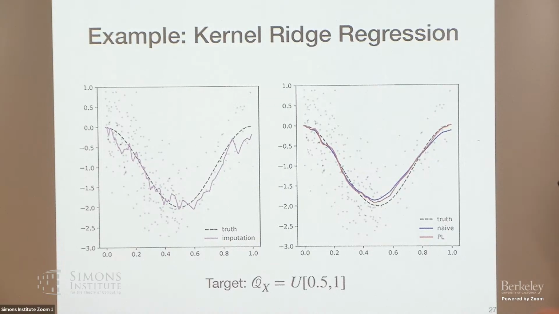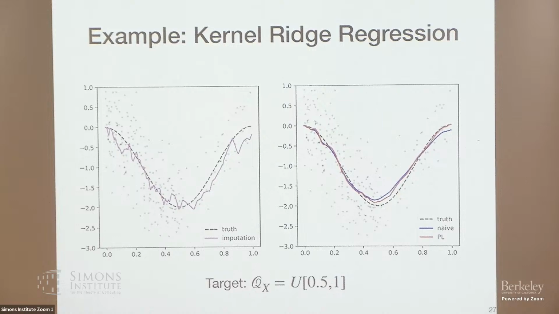For model selection using the pseudo-labels, I can get this red curve. That's going to be the final model I select. Whereas if I don't use this pseudo-labeling approach, I just totally ignore any target data and use my labeled source data for both training and selection, I will get the blue curve.